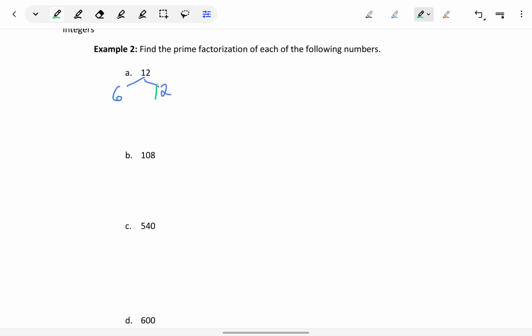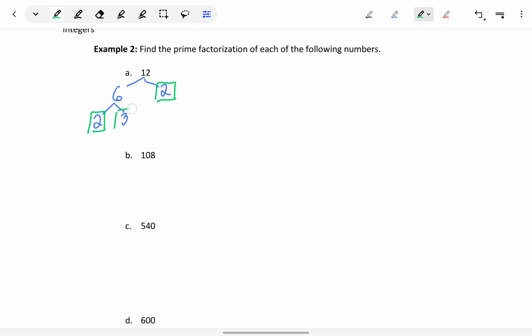Every time we hit a prime number, we'll stop and just somehow identify that prime number, so we know that's a stopping point and we don't need to divide any further. 6 is not prime though. It's even, meaning we can divide it by 2, so we can branch this off into 2 and 3.